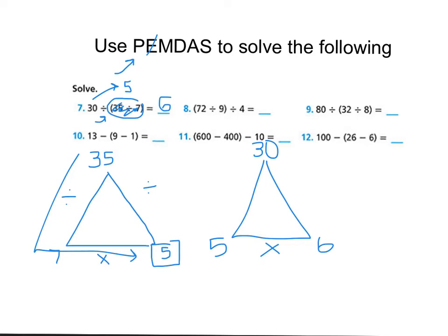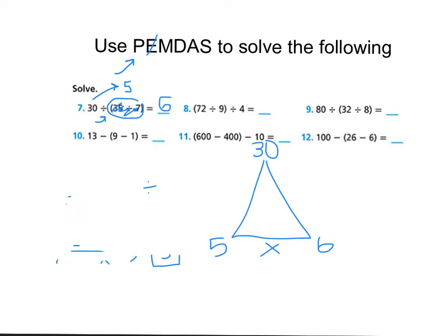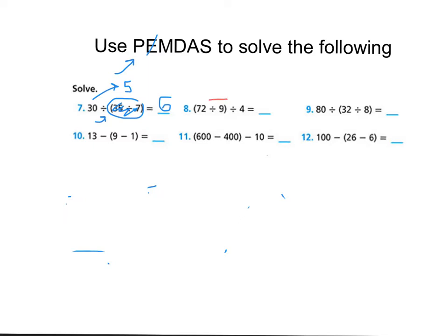Let's move on to number 8. Write number 8 down on your notebook paper. In parentheses, 72 divided by 9, divided by 4. Now that you have that equation written down, the first thing that we should do is fill out what's in the parentheses. 72 divided by 9.